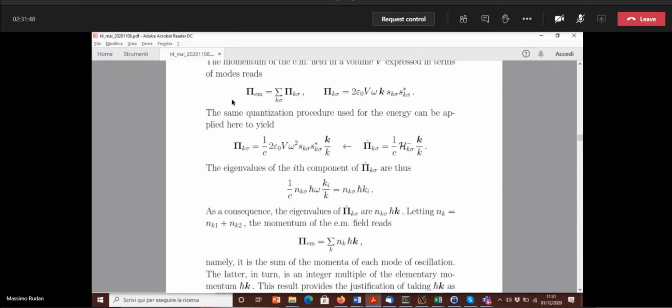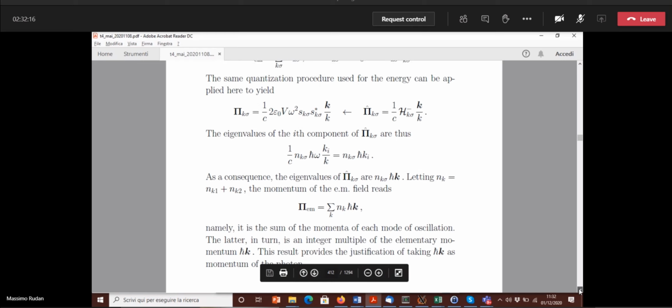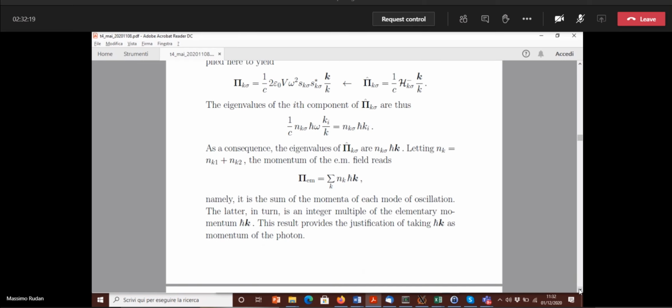So going back to the vector form, we have that the component of momentum is given by an integer multiple of H bar K, and the total momentum of the electromagnetic field in the box is the sum of these individual components. So again, we have a justification that not only the energy of the photon is equal to H bar omega, but also that the momentum of the photon is H bar K.